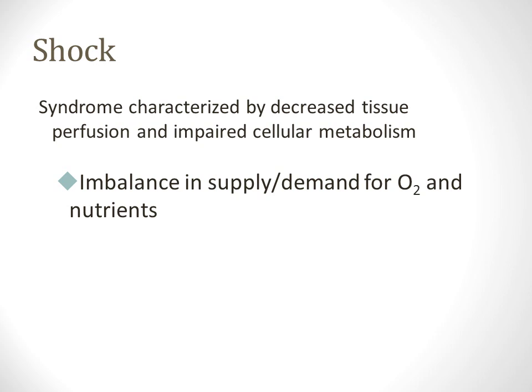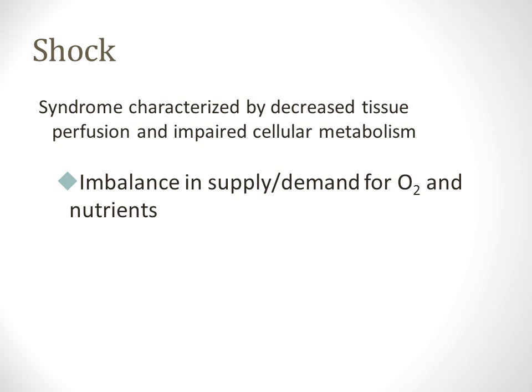Let's talk for a second about normal cellular function. Cells need energy to do their job. Nutrients are carried by way of the blood to the cells, and the cells break them down, metabolize them, and store ATP as energy.